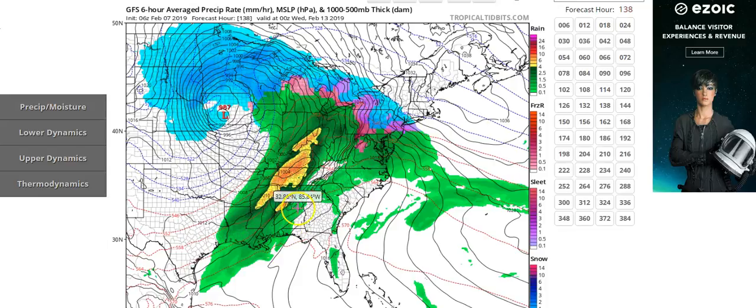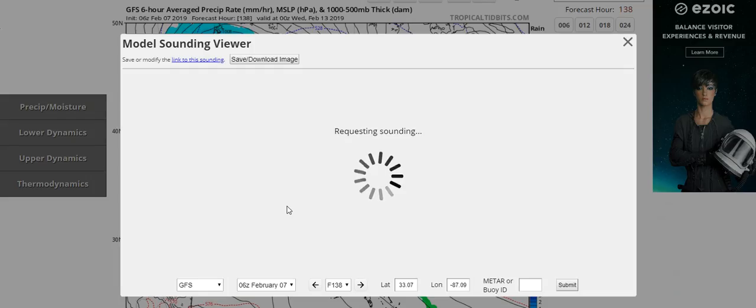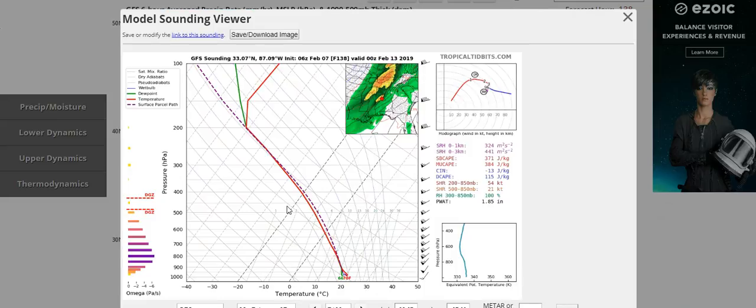If you move down to take a look at a sounding, for example, say here in the southeast, where we've got a warm sector to deal with, you'll notice a different profile, a different atmosphere look. The temperature is 70. The dew point is in the mid 60s, 66. And look at that, it's saturated all the way up to 200 millibars.